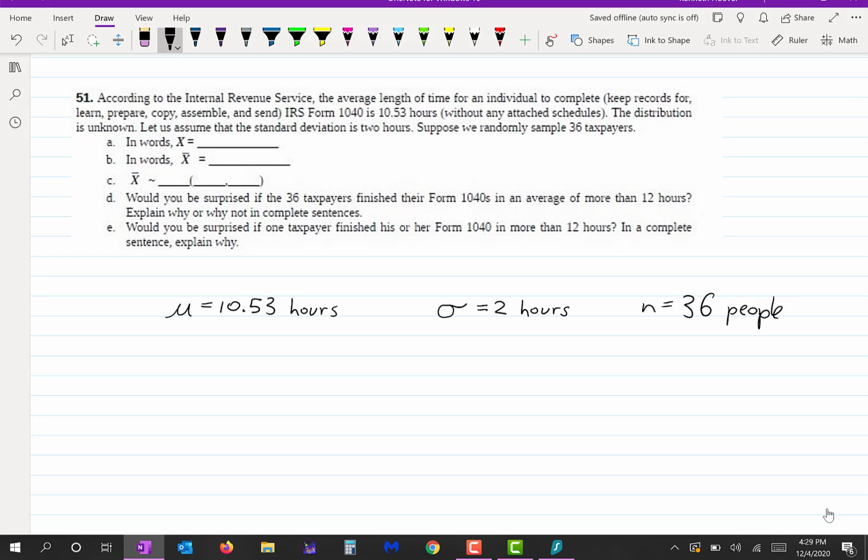X equals the number of hours it takes, now this is the important part, a person, one single person, okay, to complete their tax return.